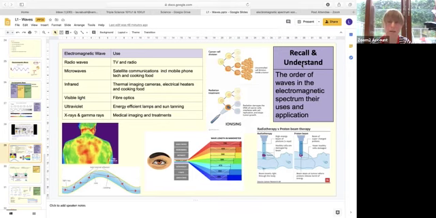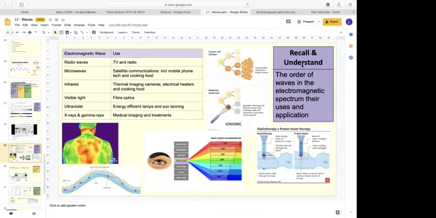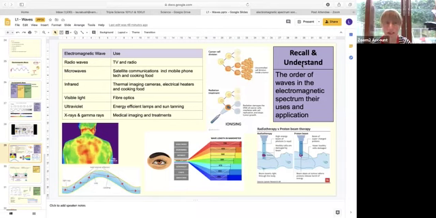And does this sort of thing apply to ultrasounds? No, because ultrasounds are higher frequency sound waves, and they are longitudinal waves.